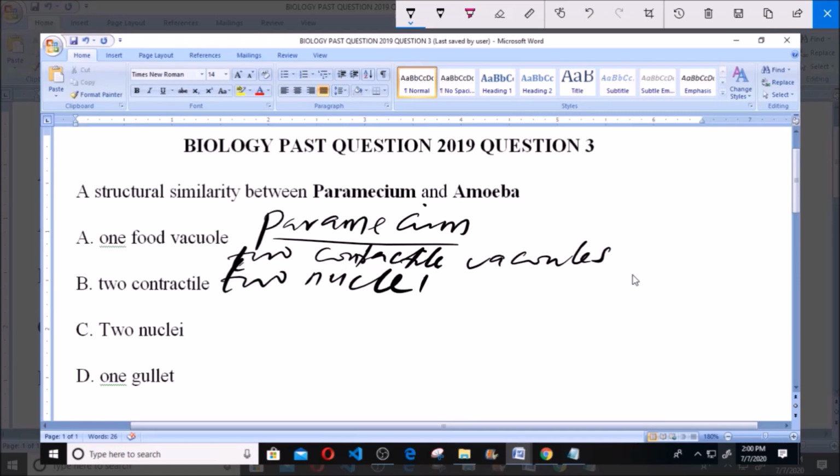Also, the Paramecium has 1 gullet and 1 food vacuole.